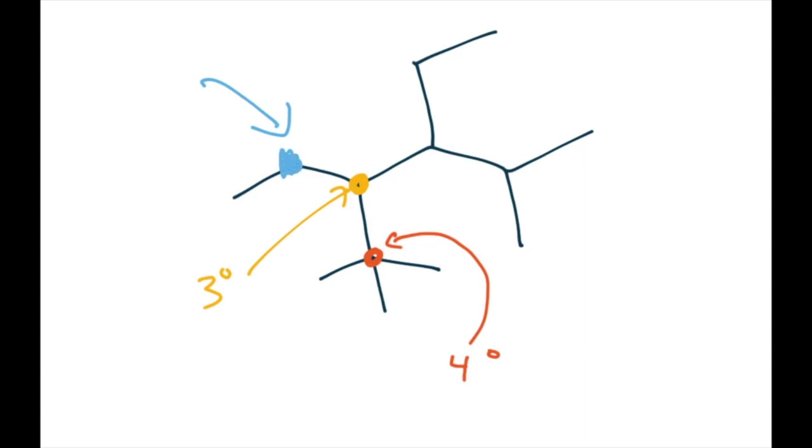Secondary, bonded to two different things. What about the green one? That was tertiary. We'll pick another color here. What about that orange one? Primary.